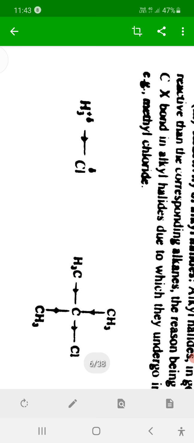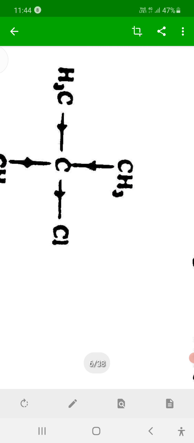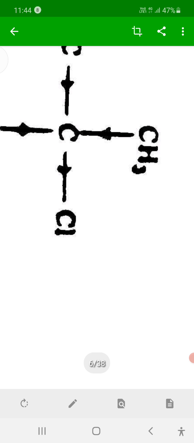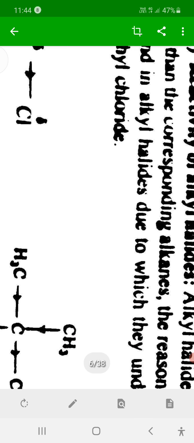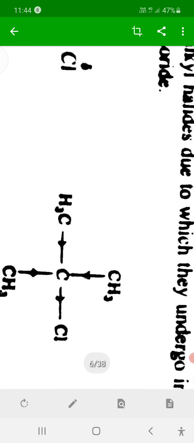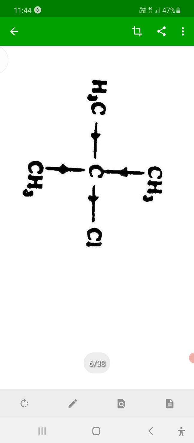Inductive effect also affects the reactivity of alkyl halides, that is, alkyl halides are more reactive than corresponding alkenes, because the bond between carbon and halide can be easily broken. Why does alkyl halide show inductive effect?